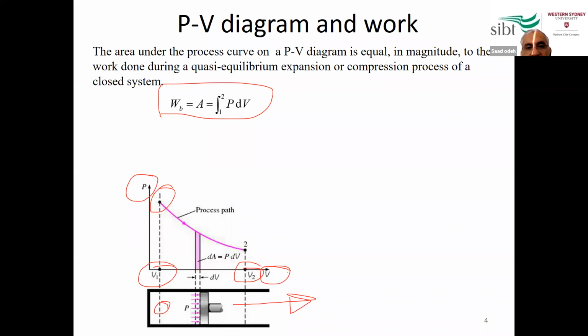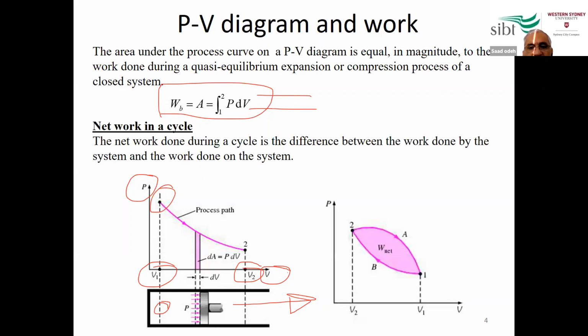We are moving the piston in very slow motion, keeping the system under equilibrium. There is no sudden change in temperature or pressure while we are moving the piston. So in this kind of expansion, applying the general equation for the work, the integration of P dV, we can find the work of the boundary.